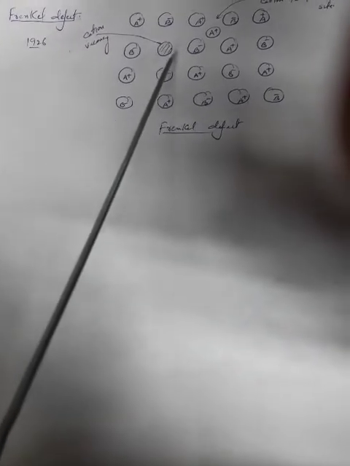This does not happen in the case of the Schottky defect. One more thing is the electrical conductivity. The electrical conductivity of the crystal also increases because there is rapid formation of holes due to the migration of ions. So this is about the Frenkel defect.